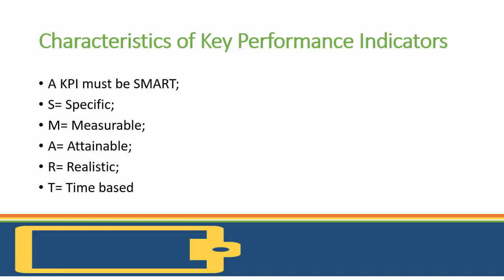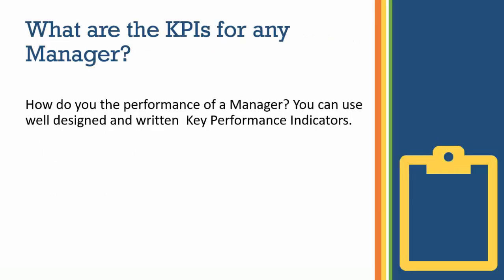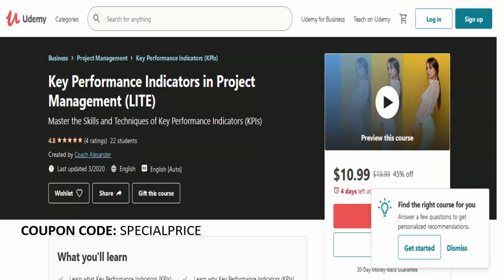Look at my other videos on key performance indicators to really understand what I'm talking about here. Okay, so like I said, how do you do this? It all comes down to how do you actually measure whether somebody is performing the right way.